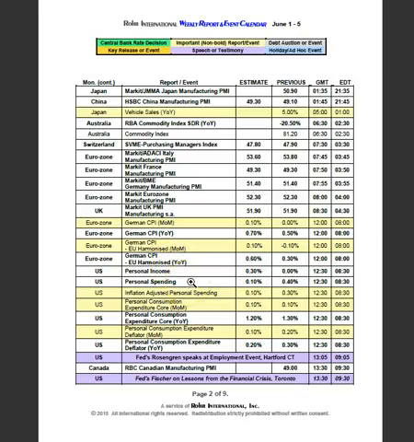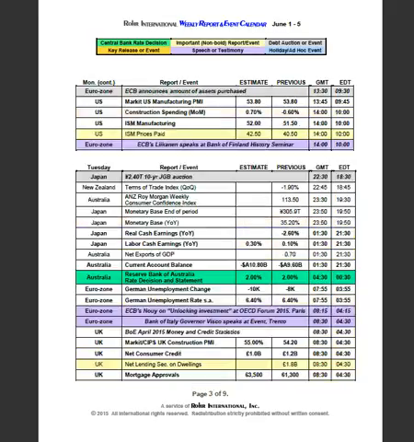And of course, the 1st of June being the first day of the month, you've got all of your manufacturing purchasing managers indices. And right here are a couple of examples of speeches from prominent financial figures that are highlighted in purple. And as we head down, we get to our first central bank decision and statement.